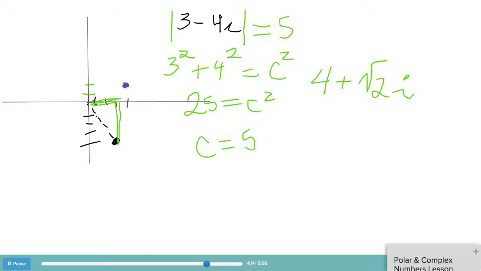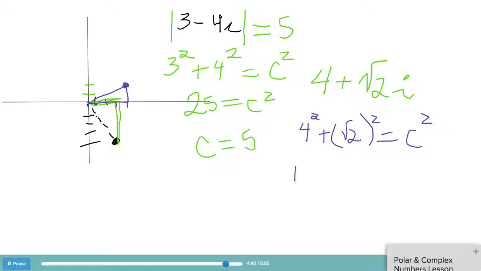Okay, now what I'm going to do is draw a little line from the origin, because that distance represents my absolute value. And I'm just going to make myself a little right triangle. The bottom is 4, so 4 squared. Going up is root 2, so root 2 squared equals c squared.